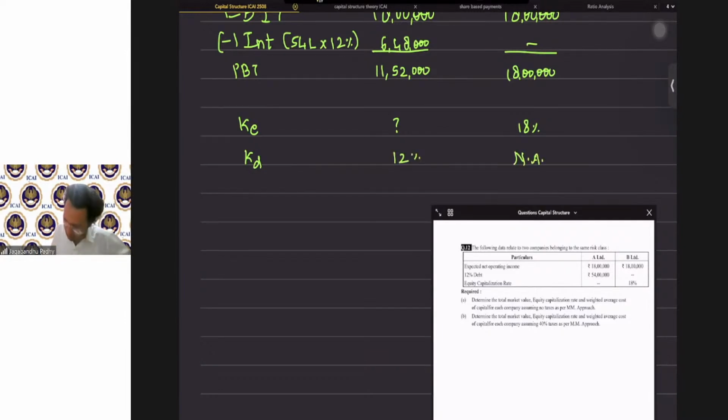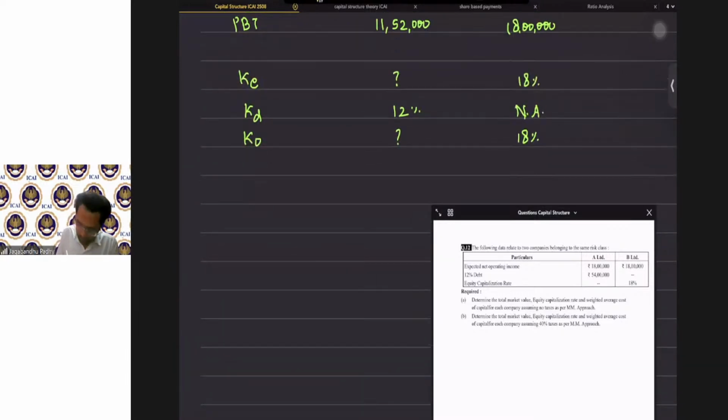And in the other company, it is simply not applicable. Okay. So cost of debt is not applicable. Overall cost of capital, we don't know what it is. But here it is obviously going to be 18% because equity is the only capital involved in it.